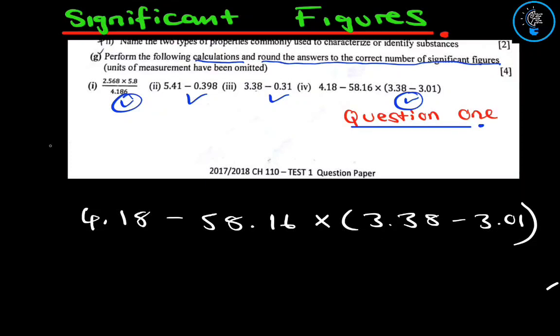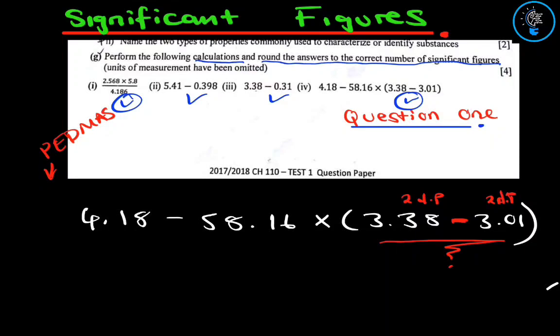Remember the order of operations: we begin with parentheses, so we evaluate that one first. We are dealing with a minus operation, so we need to focus on the decimal places. This one has 2 decimal places, and that one has 2 decimal places, so our answer will have 2 decimal places.